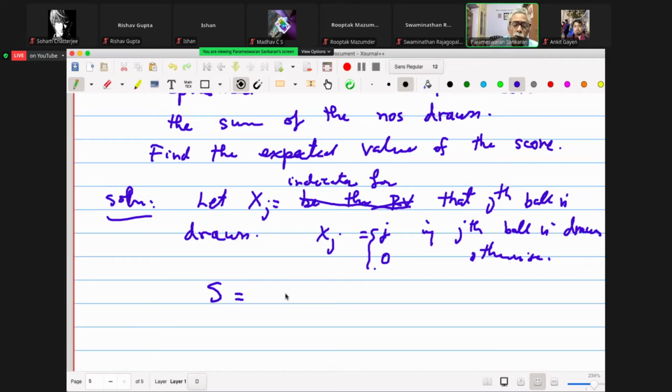S is equal to, so it will depend on the choice. So I'll write here a string of numbers. This notation I will use: i1 less than blah blah blah less than ik, and this is less than or equal to n, and 1 is less than or equal to this. These are the labels or numbers on the balls drawn.